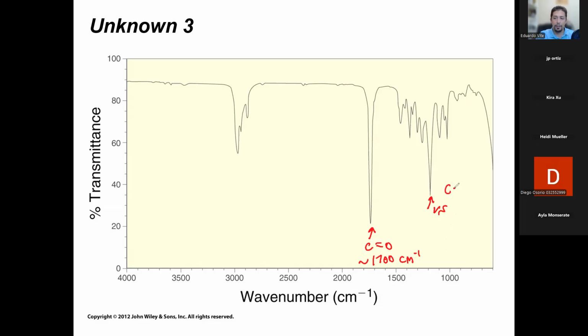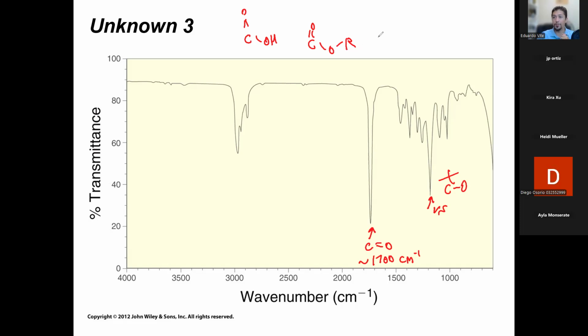That's not a carbon-oxygen peak. A carbon-oxygen peak would look more like the carbonyl peak, at around a similar height. So I'm going to say this is not a carbon-oxygen ester. So it is not a carboxylic acid. It is not an ester carbonyl. So what else could it be?